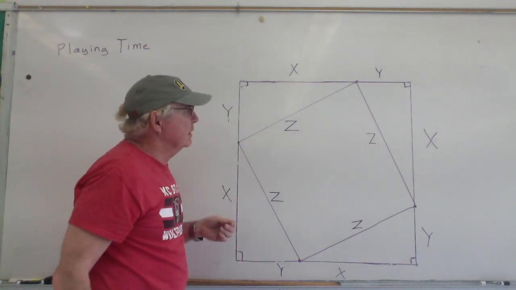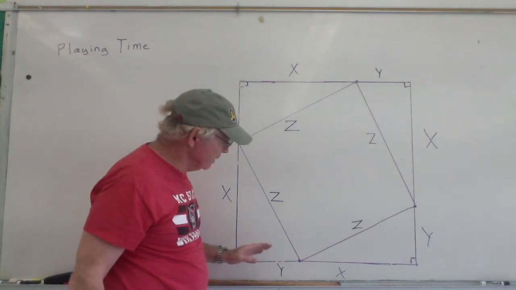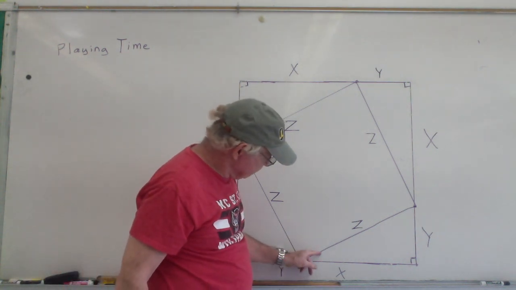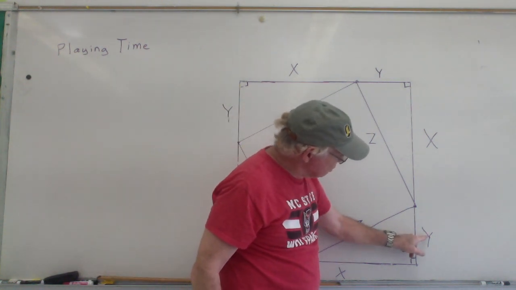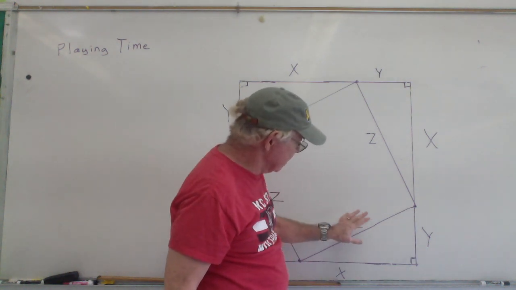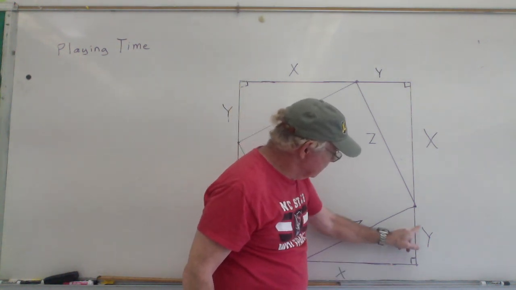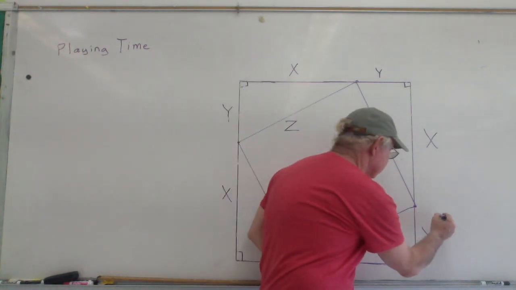Then what I did is I looked at the slopes of some of those lines. Now let's look at this line. The slope is the rise over the run. So the slope of this line would be Y over X. Let's just write that down.